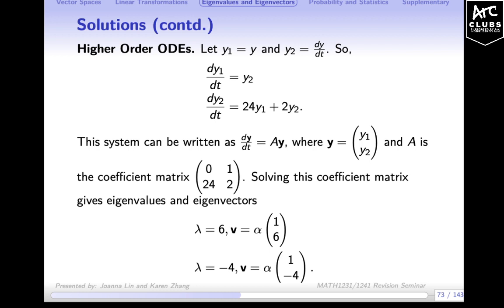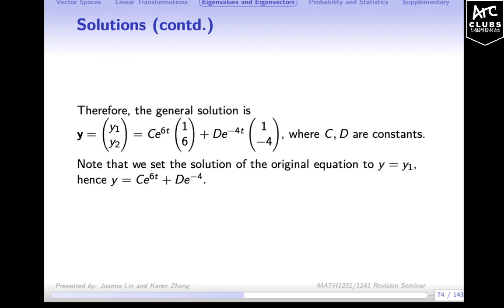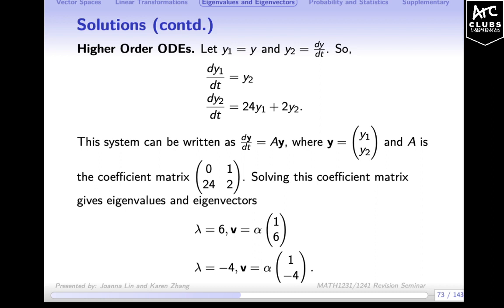Once you solve this, you have eigenvalues and eigenvectors listed down below. That means your general solution is just a constant times your first solution plus a constant times your second solution, where C and D are constants. Just to note here, we let y1 equal y.